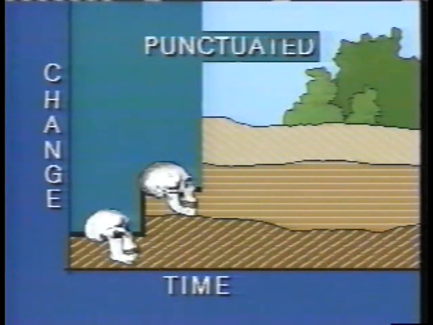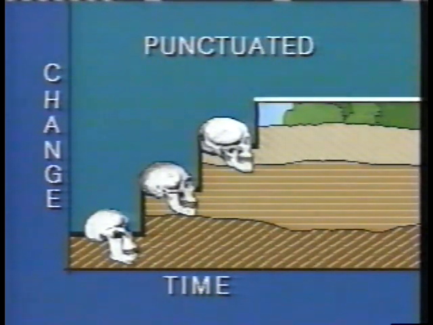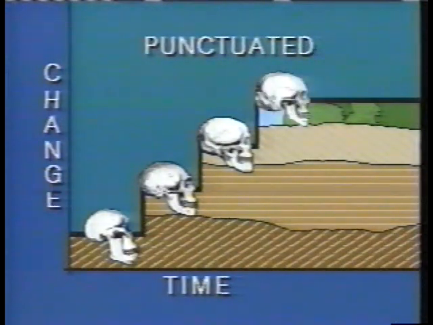According to this theory, the rocks tell the truth. There is no gap in the records. In a relatively short burst of time, measured in thousands of years, a species undergoes a major change and settles back into a long period of stability.